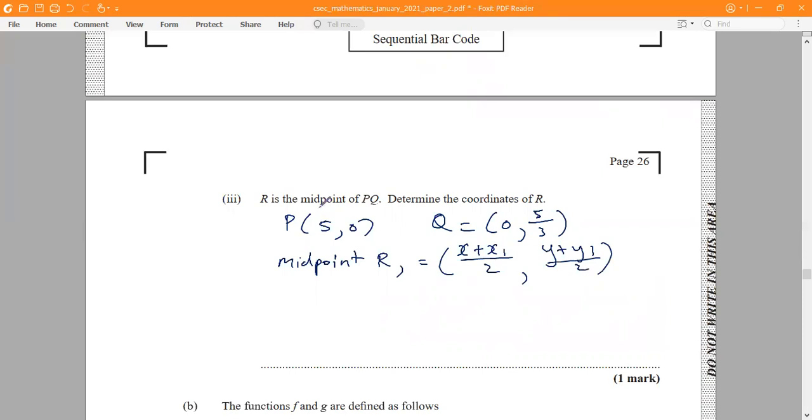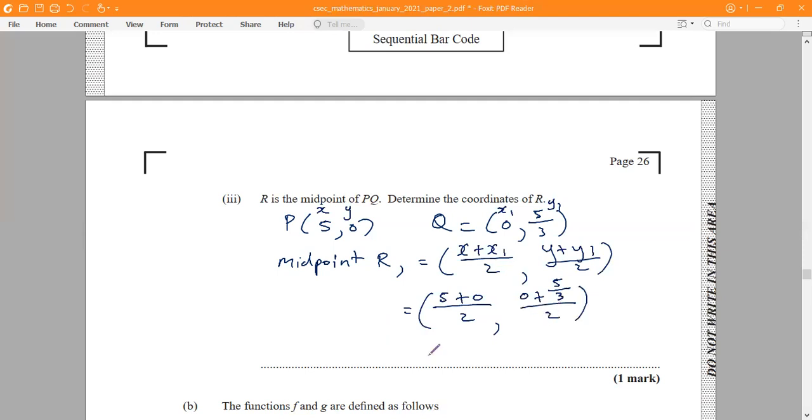So 5 would be x and 0 would be x1, 0 would be y, and 5 over 3 would be y1. So let's substitute these values. So we have 5 plus 0 over 2, comma, 0 plus 5 over 3 over 2.